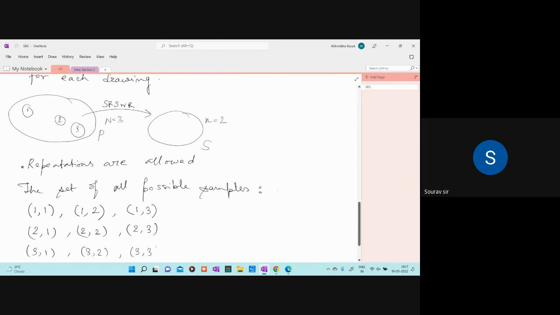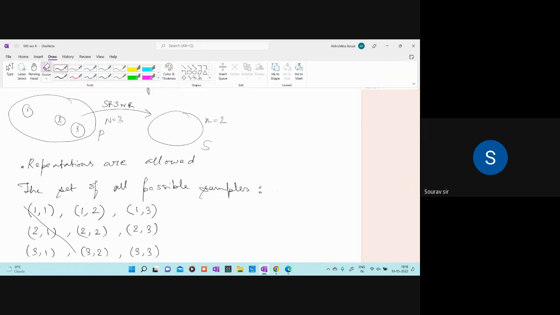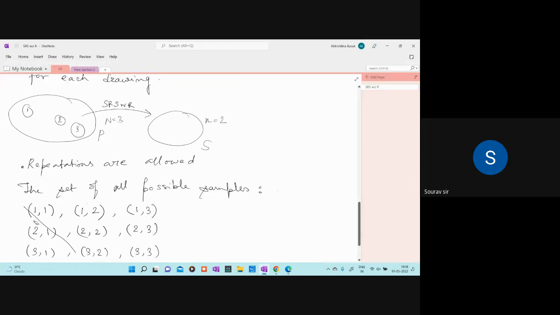then 3 3. Remember, the order of the drawing is very important here, because we are not considering 1 2 and 2 1 as the same. We are considering that all of the things are under consideration, and even this diagonal, that is 1 1, 2 2, 3 3.